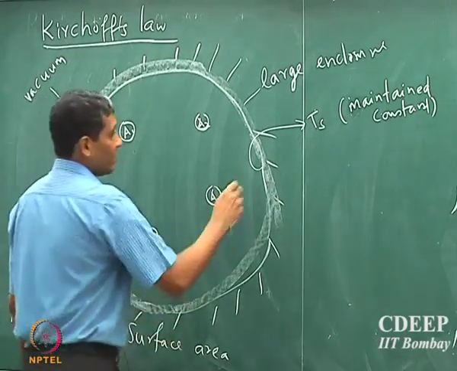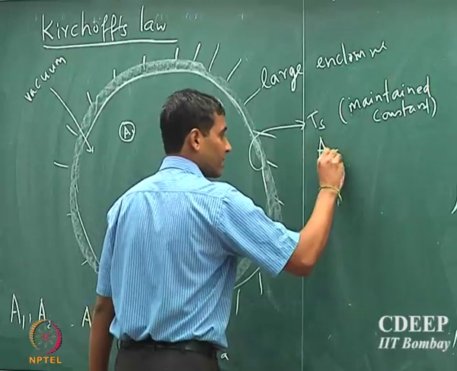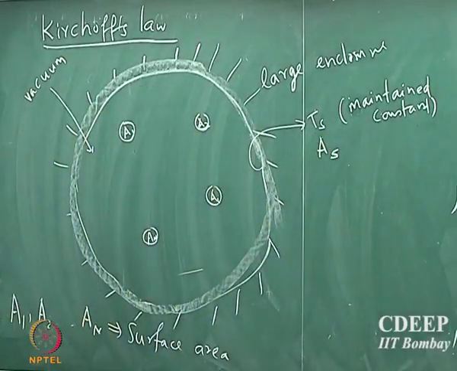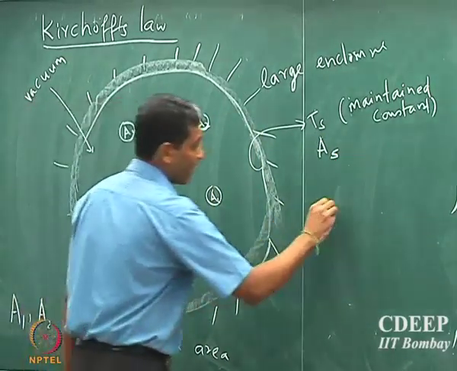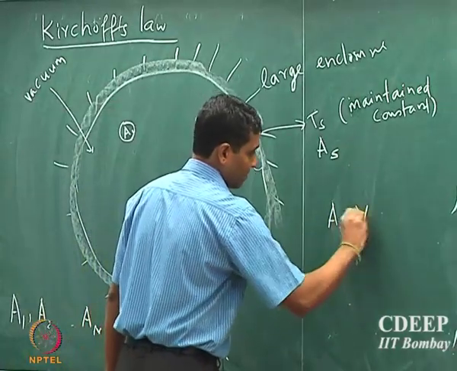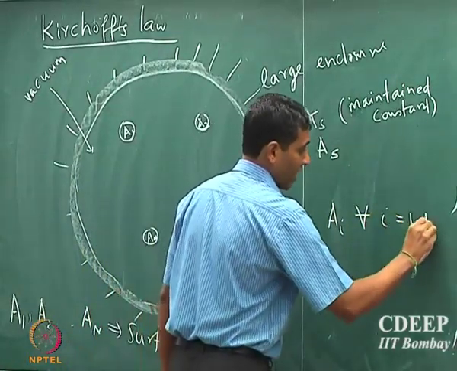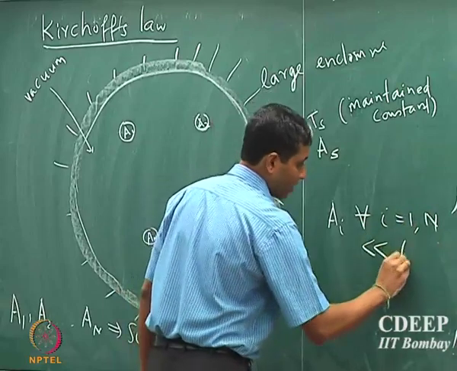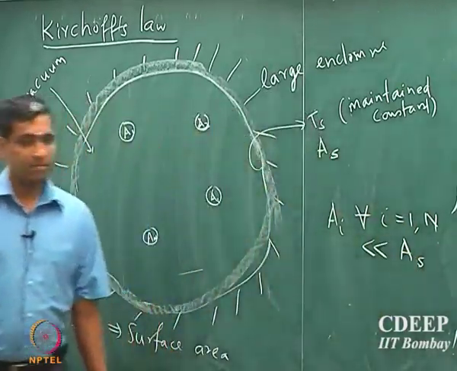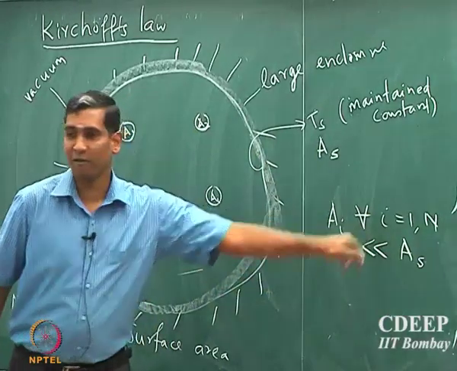And suppose the surface area of the large enclosure is AS, and let us assume that Ai for all i going from 1 to n is much smaller than AS. It's just mathematical notation for all.